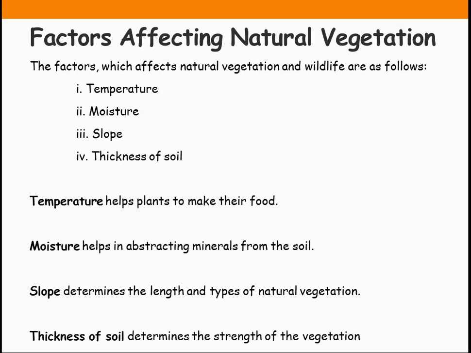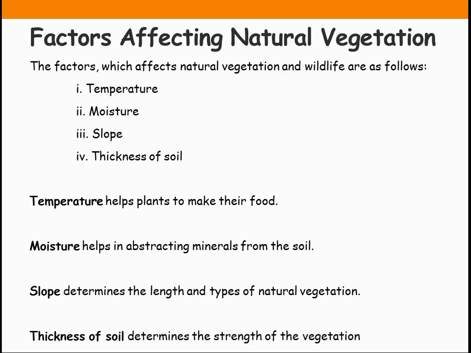First, let's see the factors affecting natural vegetation. What are the factors that affect natural vegetation? They are temperature, moisture, slope, and thickness of soil. The temperature helps plants to make their food. From the sunlight, the plants are getting food.